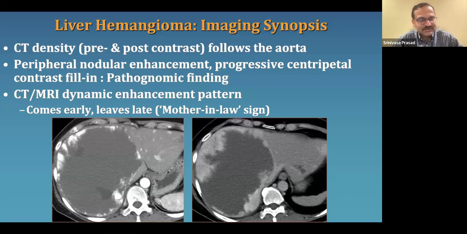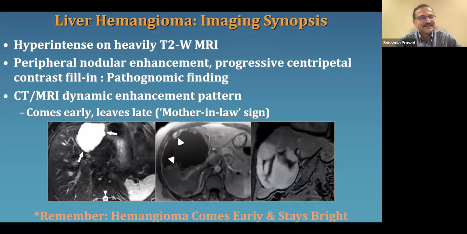There is another variant called the anastomosing hemangioma, which I will not touch, but basically it's important to note that the cavernous hemangioma is the most common tumor that we are going to see. Famously called the so-called mother-in-law sign, it comes early and leaves late.